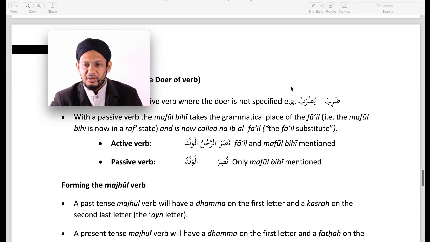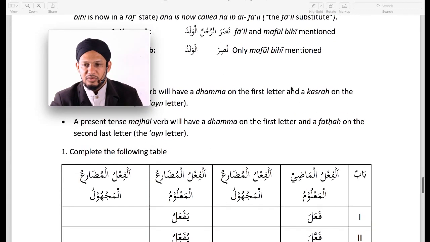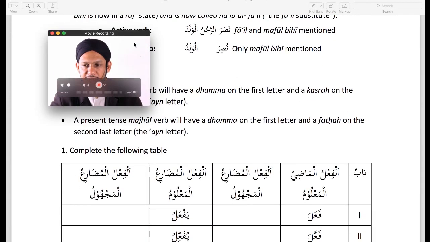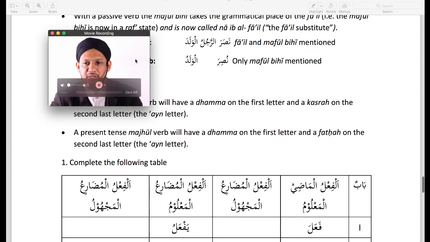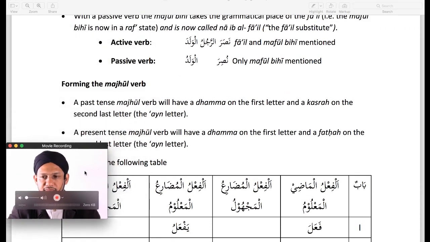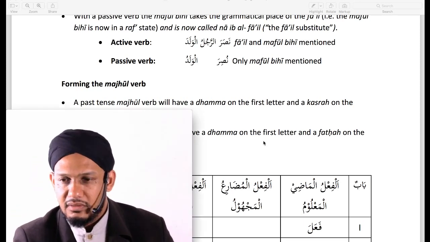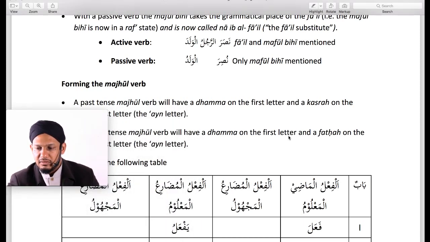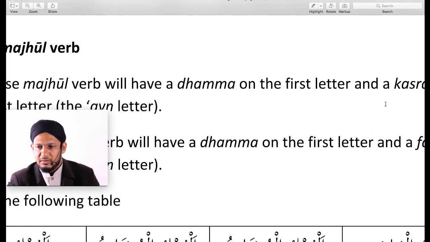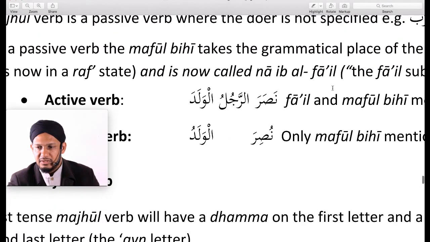When I come across a majhul verb, so what's a majhul verb? All the ones we mentioned now are ma'loom verbs. For example, I'll take this example on the screen here in the textbook. Nasara ar-rajulu al-walada.